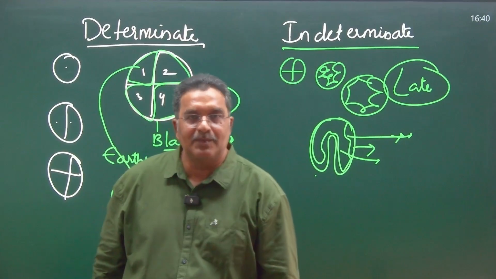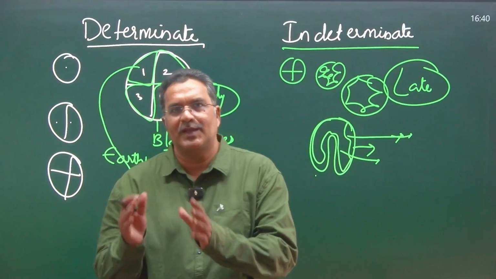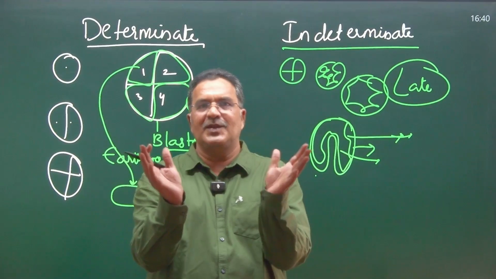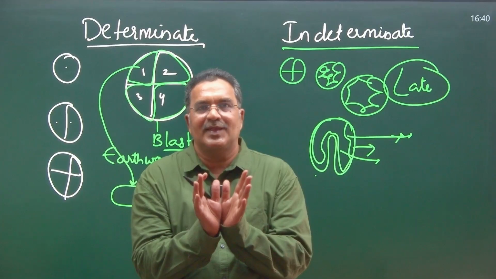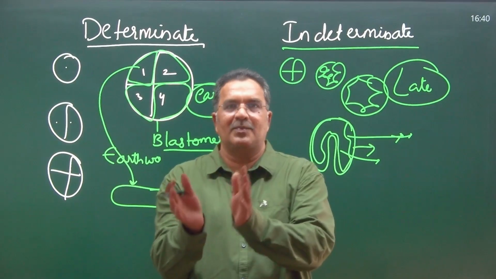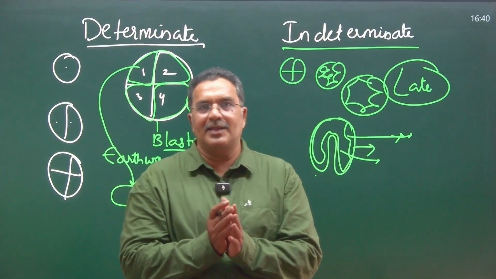During the process of development, the zygote divides into 2 cell, 4 cell, 8 cell. If it only keeps dividing, after 9 months you will get a football. At one particular stage, the cells have to decide they have to become something: stomach, kidney, liver, pancreas, spleen, brain, isn't it? Various organs they have to become.